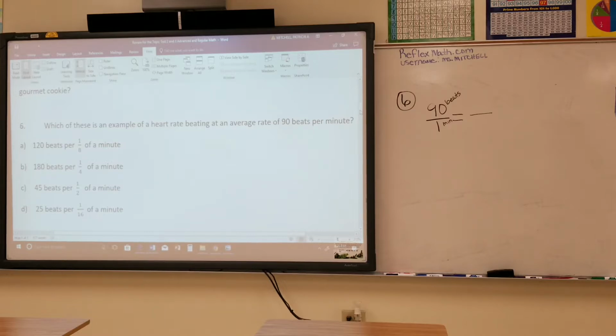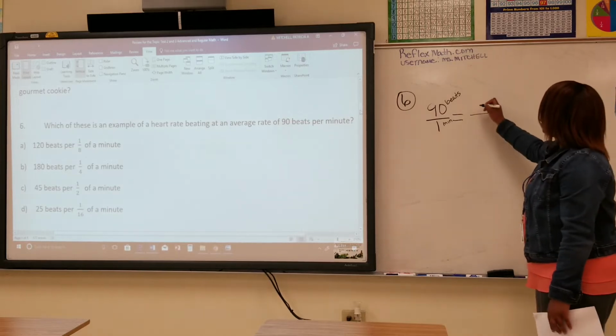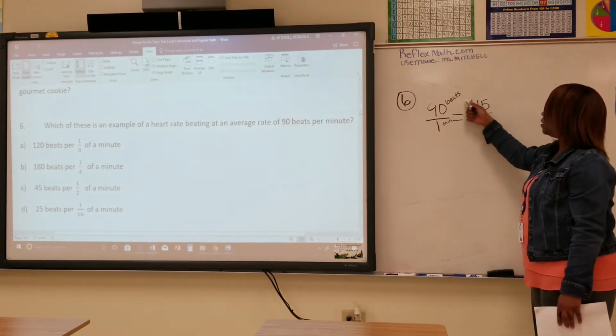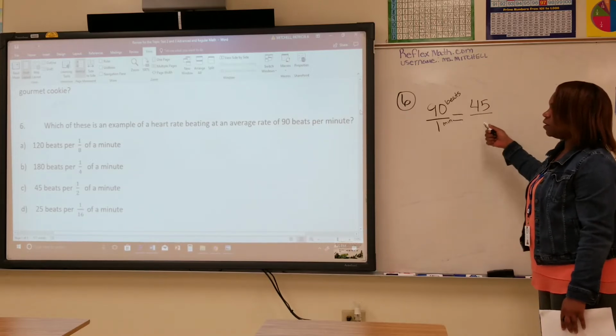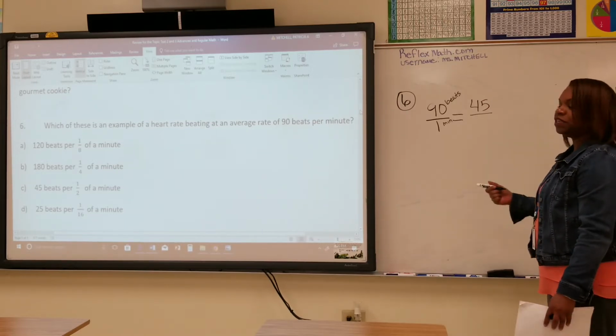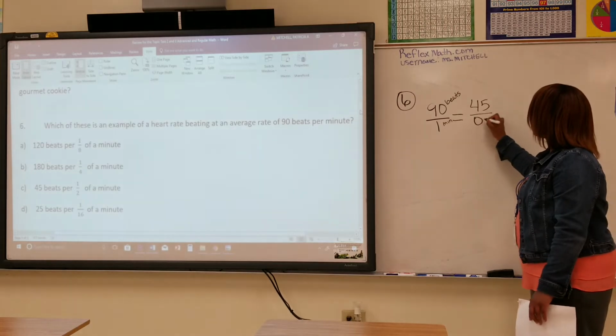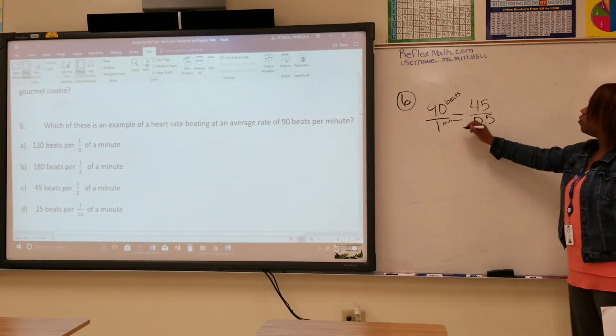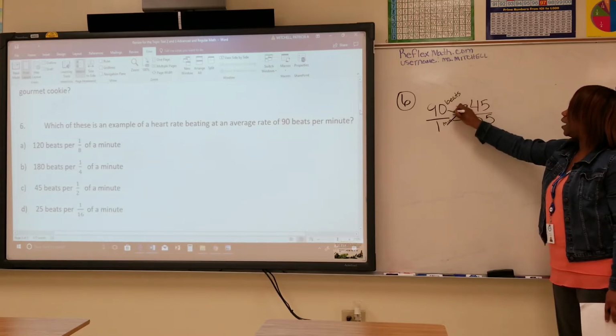Now we already know that half of 90 is 45 and half of a minute is half. So we have 45 beats, and remember we following the same pattern. Beats are up top and minutes are below. So half of a minute will be 0.5. So from here, we're going to cross multiply.